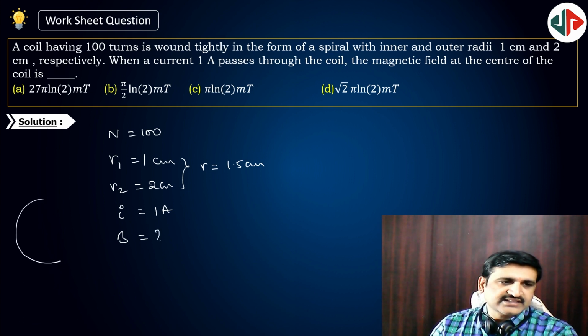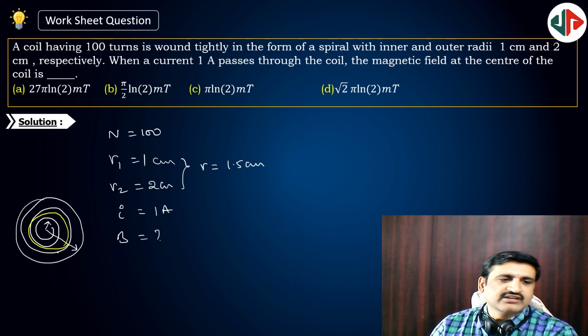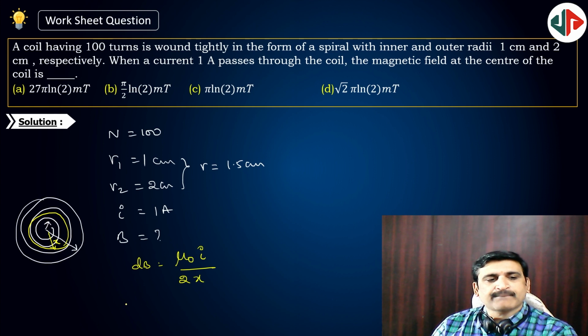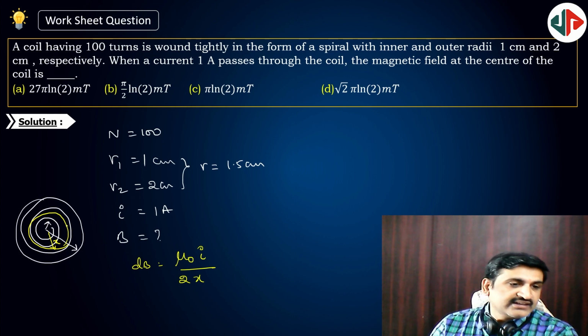Actually, a spiral means it is like this, and he gave the inner radius and the outer radius. Then I have to take an intermediate loop. That magnetic field is dB, which is equal to mu naught I by 2x for one turn, where the radius is, suppose, x, with a thickness of dx.